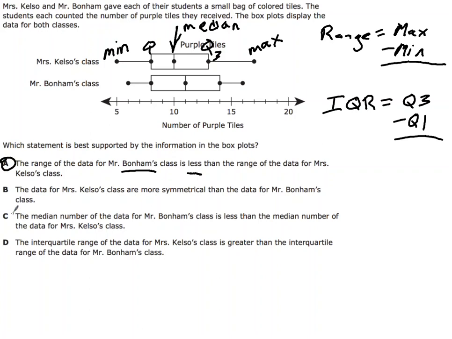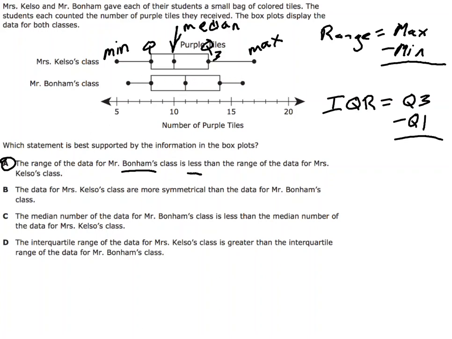But let's continue on. The data for Mrs. Kelso's class are more symmetrical than the data for Mr. Bonham's class. Well, just visually, Mr. Bonham's class, his median is between the two extremes.